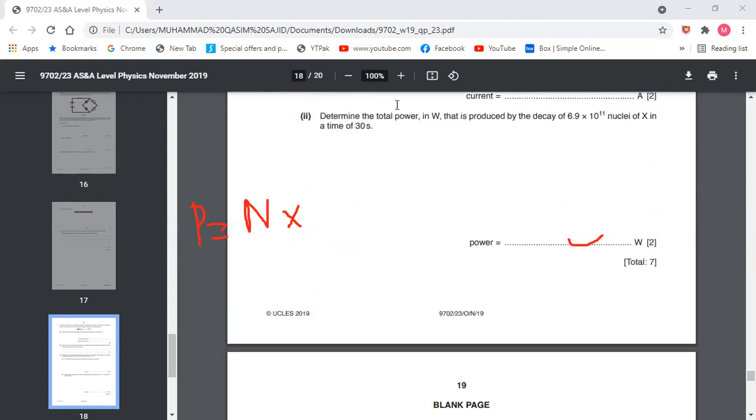This is the energy released E. This N means the decay, Abdullah, okay? Yes.